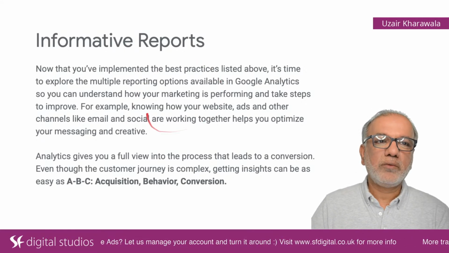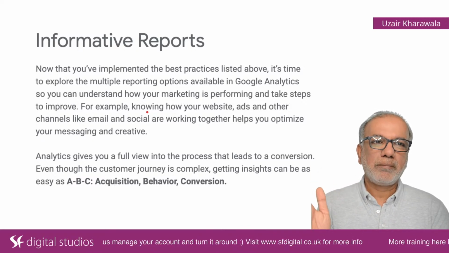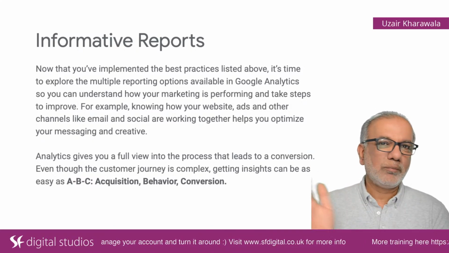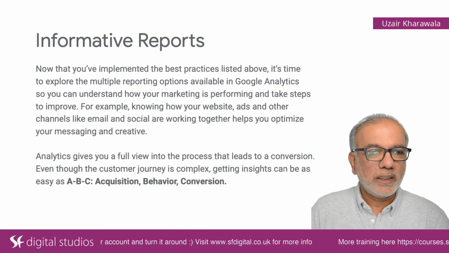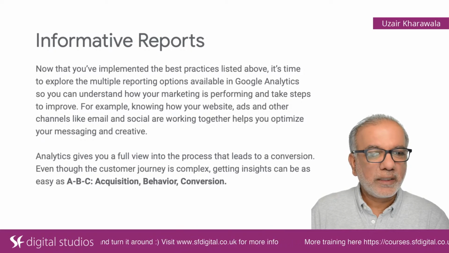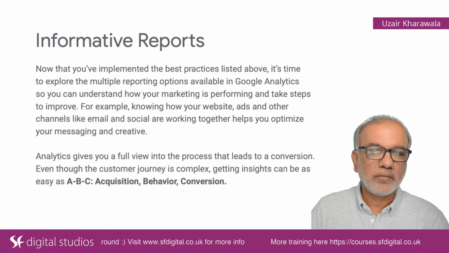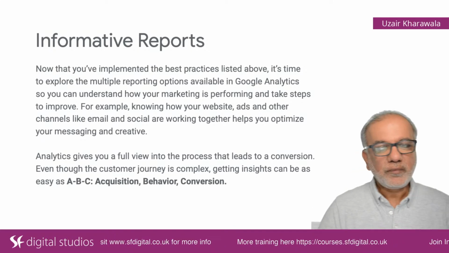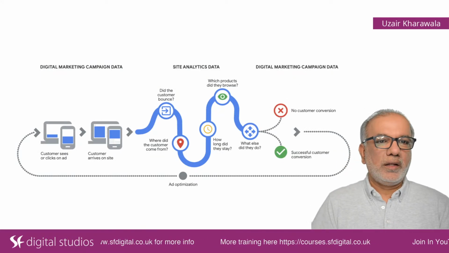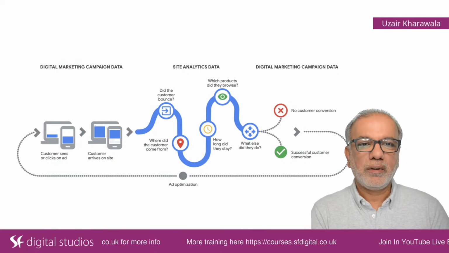You'll be able to see when they come through to the website what conversions are happening, and if not, what are these micro goals they are running, and they are taking action on your site. We call it the ABC of Google Analytics, which you will see as acquisition, behavior, and conversion.